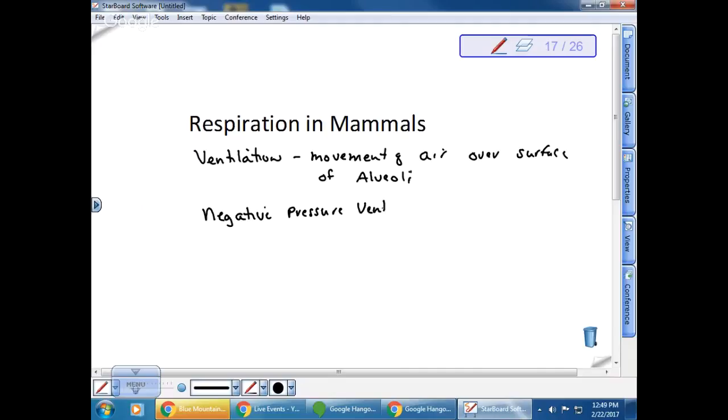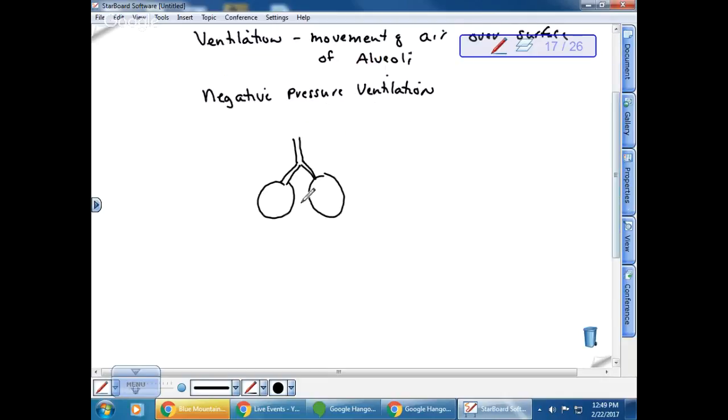We do not have to force air into our lungs by gulping it, so it's not a physical exertion to get air into our lungs. Okay, this is due to the diaphragm. If I drew my trachea here, and these would be my bronchi coming out to my lungs, and these would be my lungs, there is a muscle that sits under the lungs called the diaphragm.